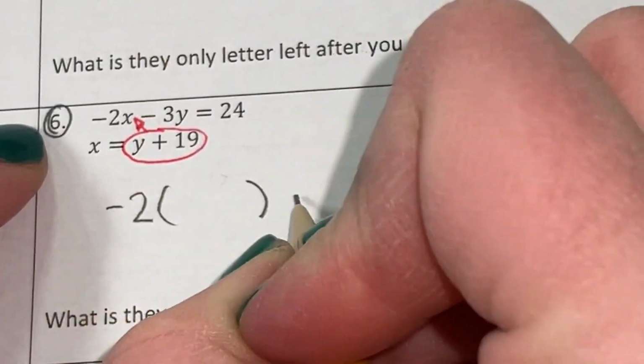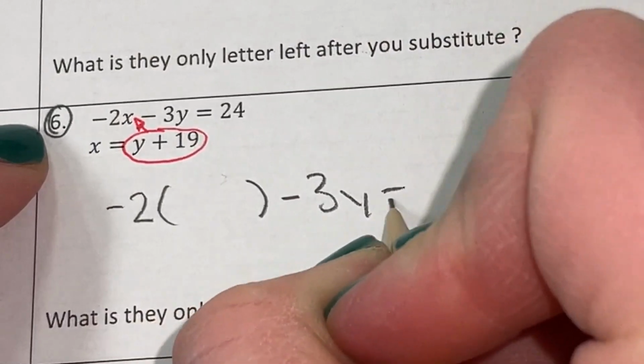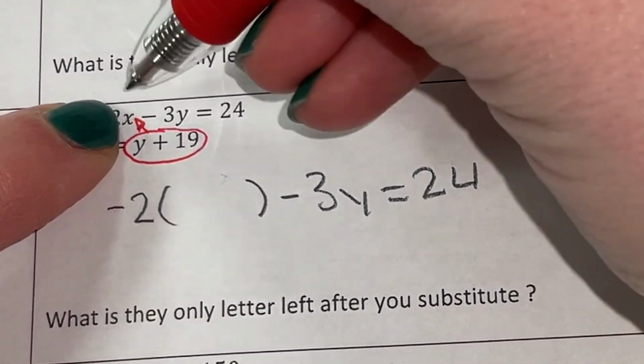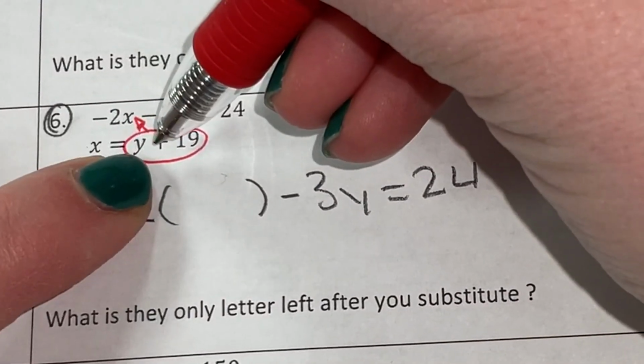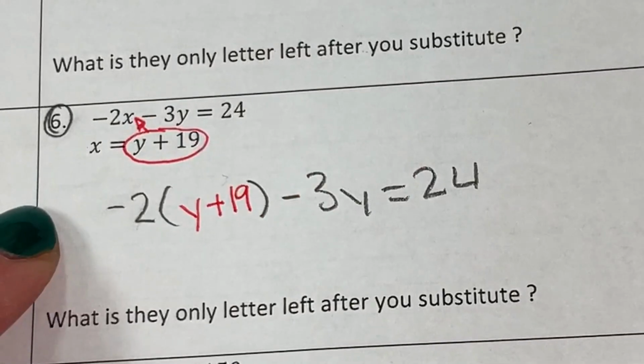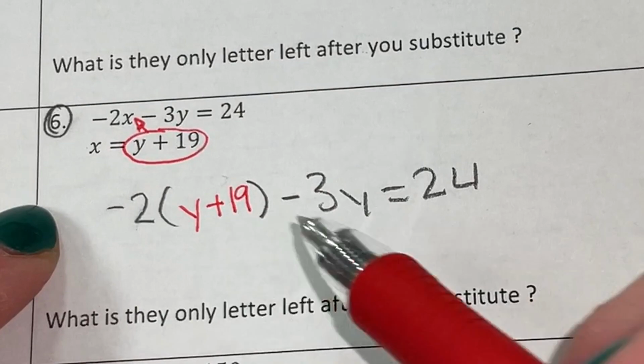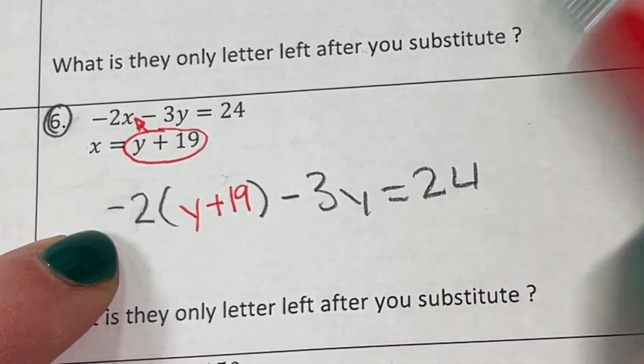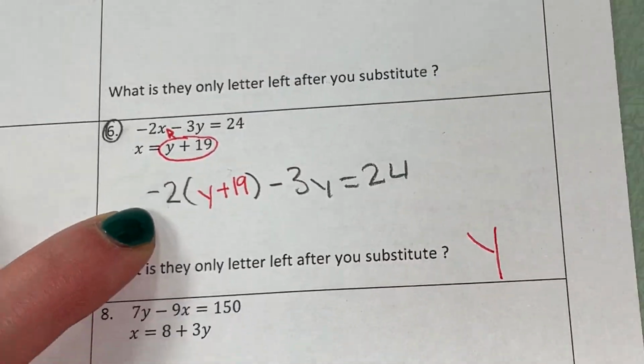So we have negative 2, big parentheses where x should be, minus 3y equals 24. We are replacing that x here that I have my arrow pointing to with this y plus 19, and that's substitution. Now, what's the only letter you have left? We should only have one, and in this case, it looks like we only have y's, so we're done there.